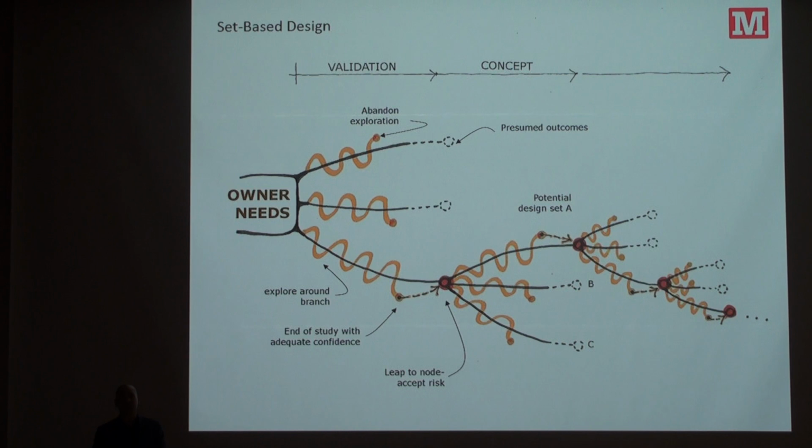You can't explore till you know exactly, because then you've spent too much time and money. Then, from this point, you explore finer portions of the design until you have confidence, and then you leap again, and finer and finer and finer. So it's a progression through the design process that incorporates exploration, quick modeling, and it explicitly acknowledges risk.